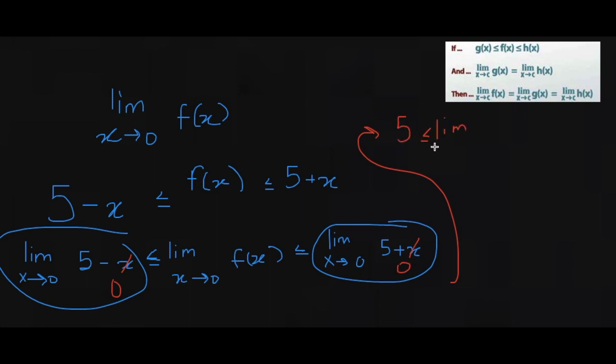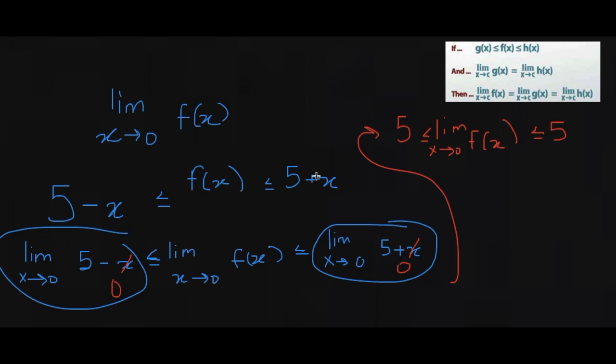Now the limit as x approaches 0 of f of x, which is what we were originally trying to find, we still don't know. But the right-hand side of the inequality, the limit as x approaches 0 of 5 plus x, is also 5.